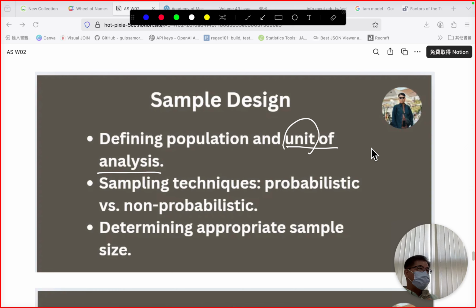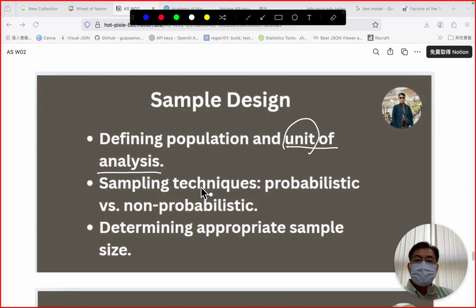For example, if we study firm performance, the level is company. That's the unit of analysis. If you want to focus on employee performance, the unit will be employee, a different unit. So make sure of the unit of analysis. Sample design decides which target you send your questionnaire to.